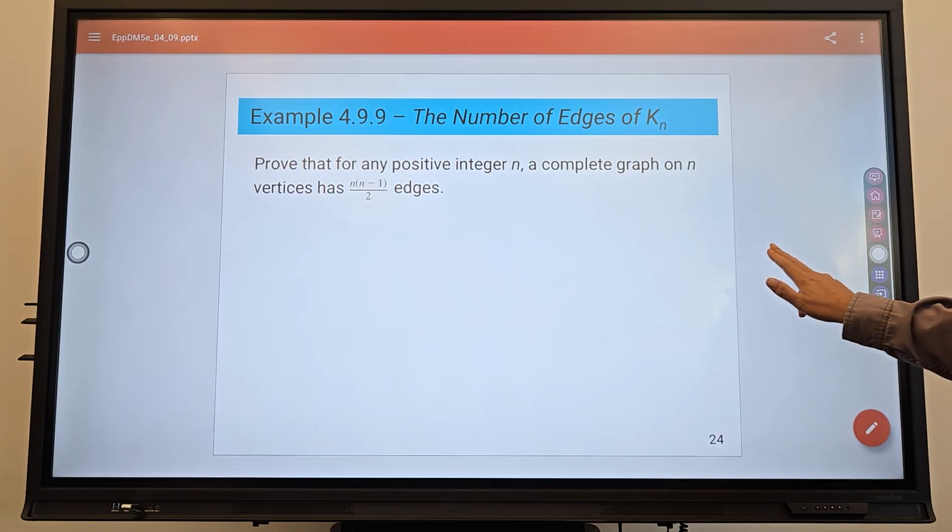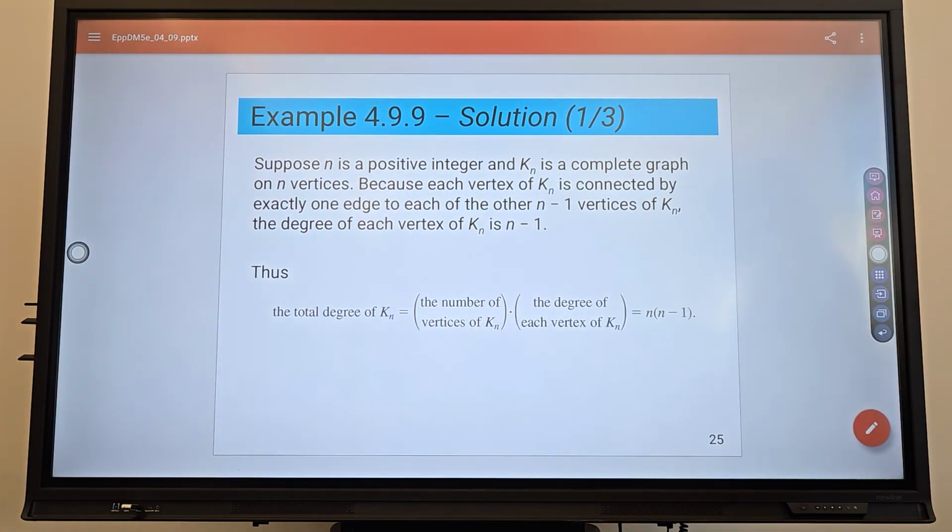Well, suppose n is a positive integer. K sub n is a complete graph on n vertices. Because each vertex of K sub n is connected by exactly one edge to each of the other n minus 1 vertices of K sub n, the degree of each vertex of K sub n is n minus 1. So the total degree of K sub n is the total number of vertices, n, times the degree of each vertex, n minus 1.